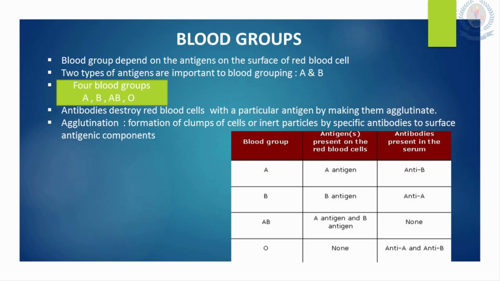The blood cells will clump inside the blood vessels and block them. So if the antigens and antibodies can react, that transfusion will be unsafe. It is very important to match the blood group when you are doing a transfusion.